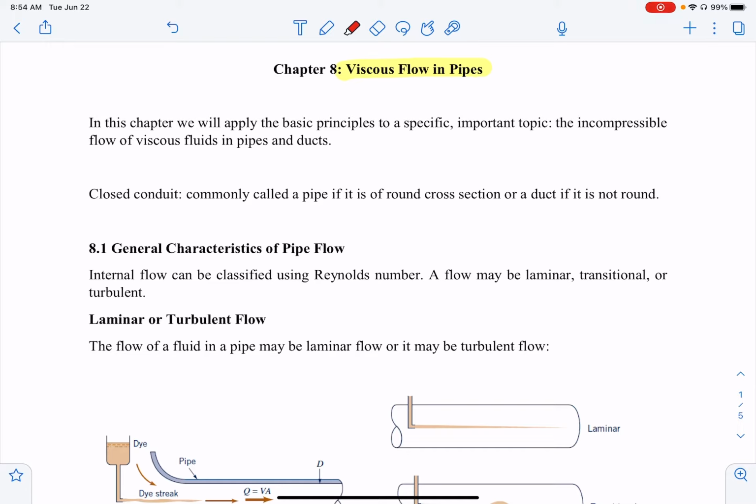So maybe you ask why pipe? Because we use it in our daily life. For example, we use pipelines to carry oil over long distances. Also, in natural systems, there are pipes that carry blood throughout our body and also air into and out of our lungs.